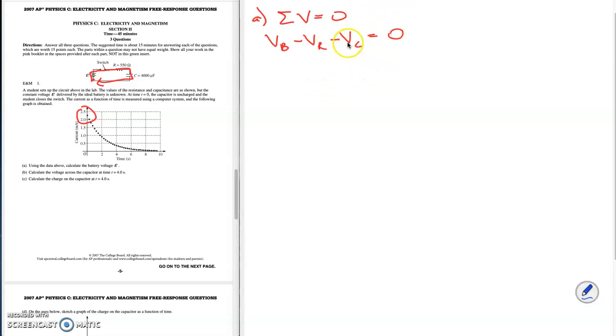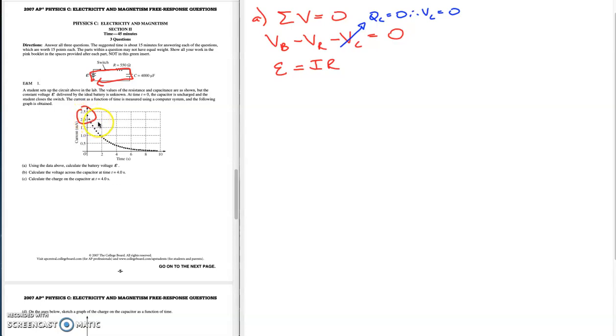Now at time t equal to 0, Q on the capacitor is equal to 0, therefore the voltage of the capacitor is also equal to 0, and that's not needed. The voltage of the battery is E, and that's going to be equal to the current times the resistance of the resistor. The current that we're going to read off of the graph is, I'm going to guess, 2.25.